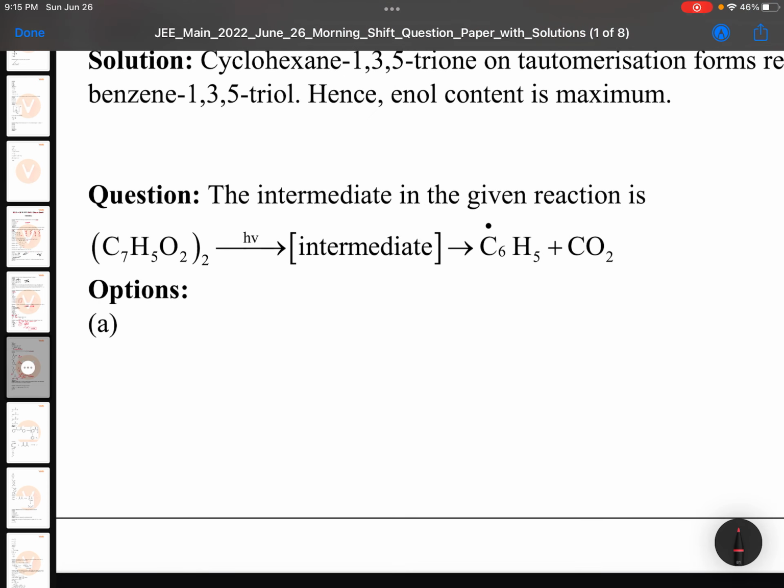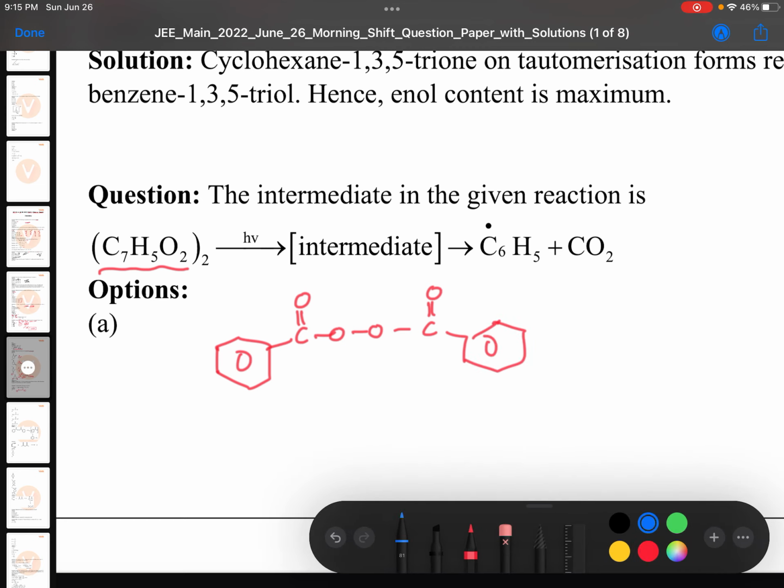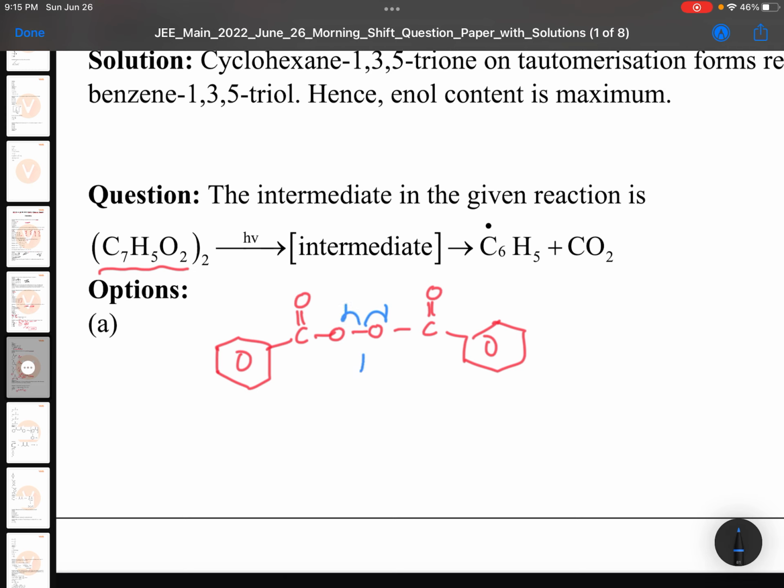The intermediate in the given reaction is C7H5O2. This is benzoyl peroxide, C double bond O. Peroxides always undergo homolytic cleavage, and because of this you get C double bond O dot.